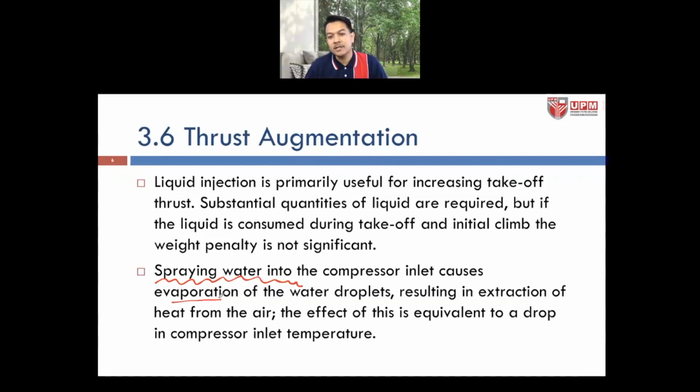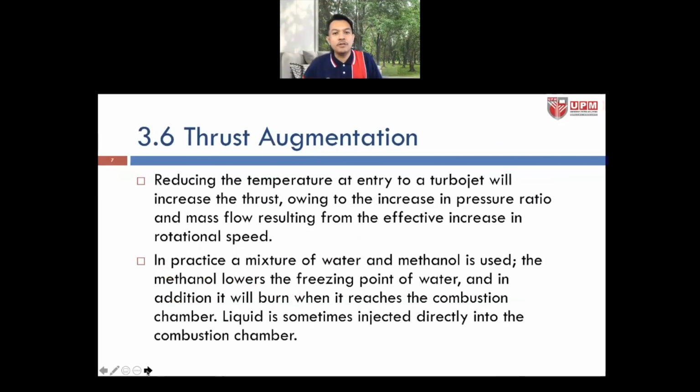This is equivalent to a drop in compressor inlet temperature. Reducing the temperature at entry of a turbojet will increase the thrust, owing to the increase in pressure ratio and mass flow resulting from the effective increase in rotational speed.